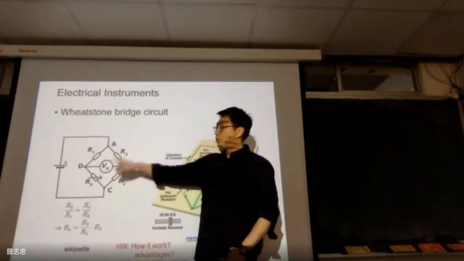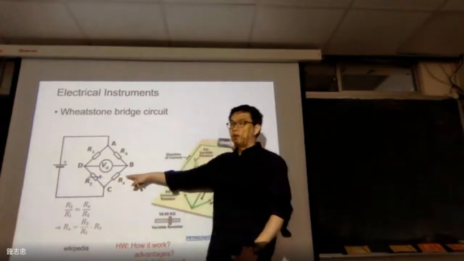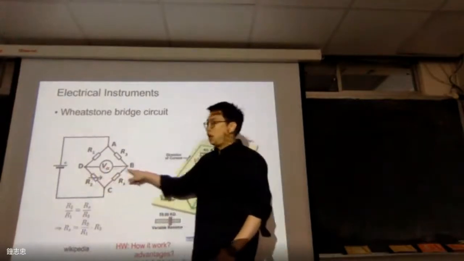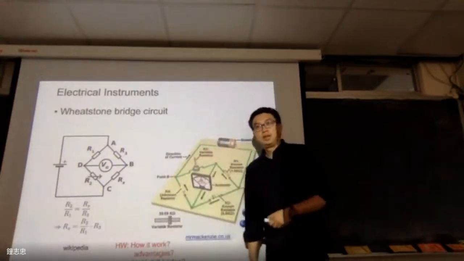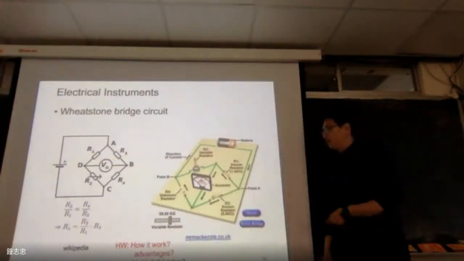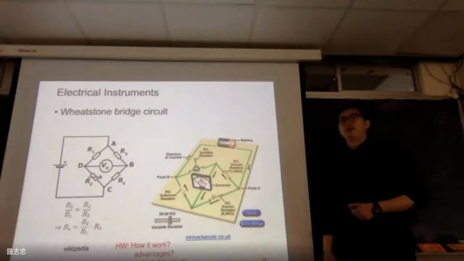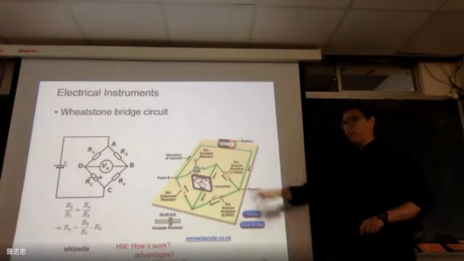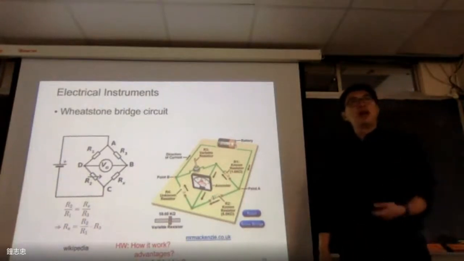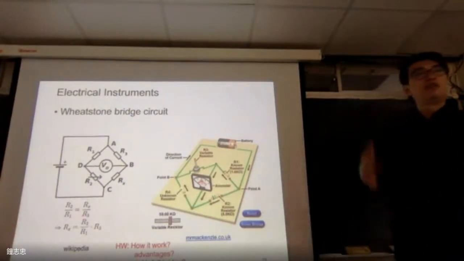This is the first type. But right now, we also have a half type and a full type of the Wheatstone bridge. So please check and tell me what the difference is, what the advantage of the different types is, and how you can apply these types to real measurement.